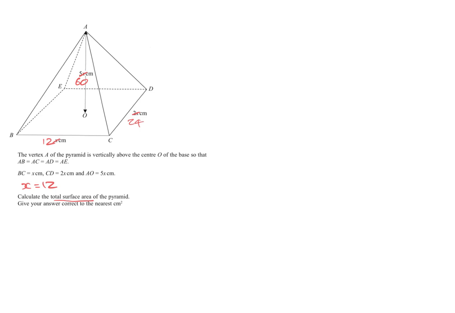Let's do the base first because that's the easiest thing. So we want the area of our base, and that is simply 12 multiplied by 24, which equals 288 centimeters squared.